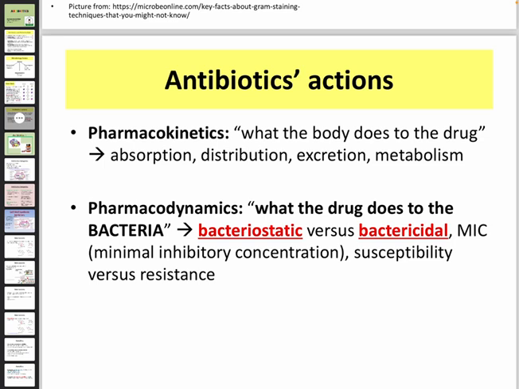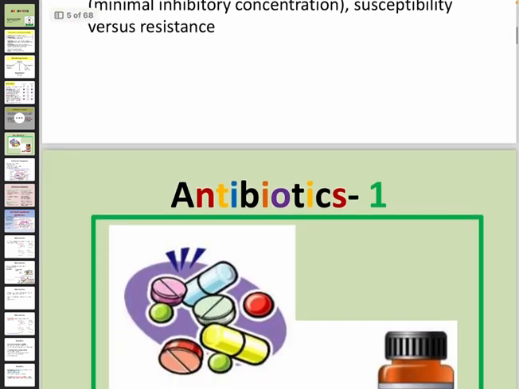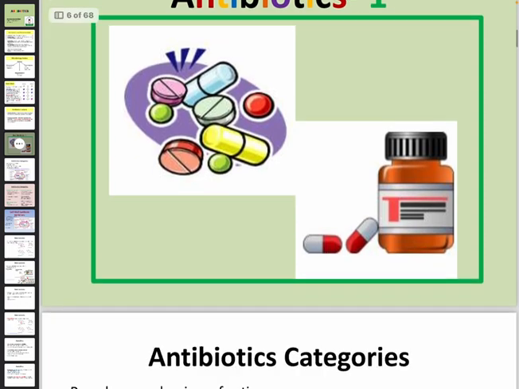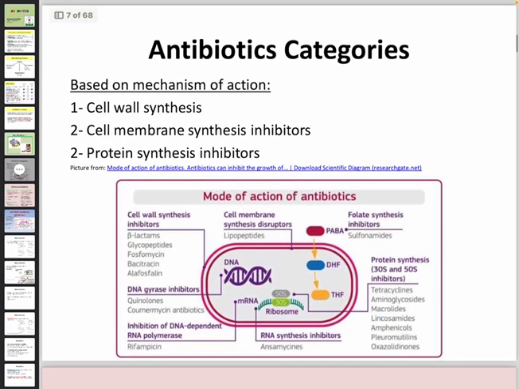Okay, so based on the mechanism of action, we categorize antibiotics into cell wall synthesis inhibitors, cell membrane synthesis inhibitors, and protein synthesis inhibitors. There are different types of protein that can be inhibited; we will come across them.